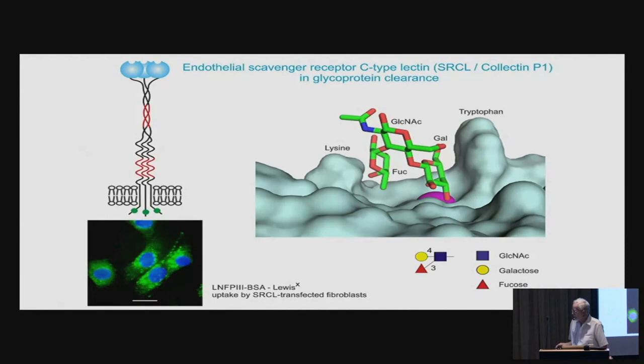It's a receptor normally found on endothelial cells. This is transfected into fibroblasts, and it takes up, in this case, the Lewis X tagged neoglycoprotein. Naturally, what it can take up are proteins released from neutrophils. So the neutrophil granule proteins are tagged with this tag, and that means that once they're released, if they end up in the blood, they will get cleared very quickly by the endothelial cells.